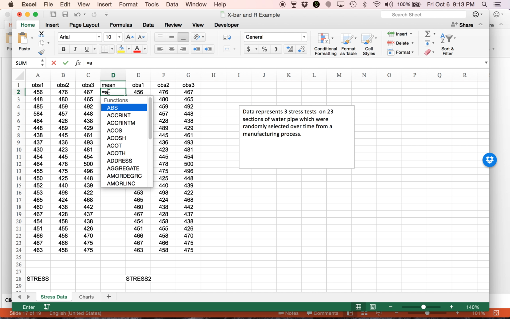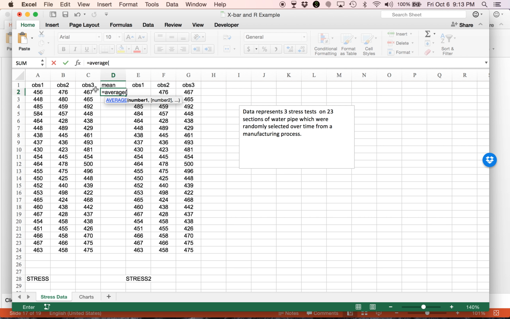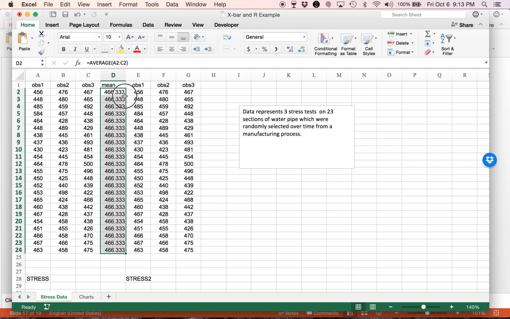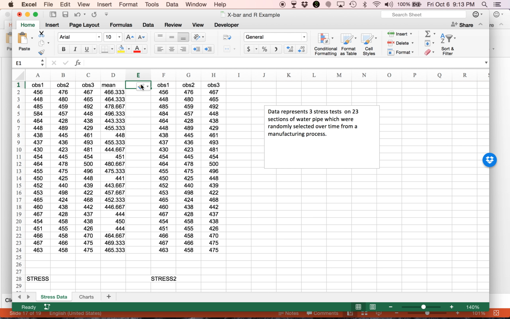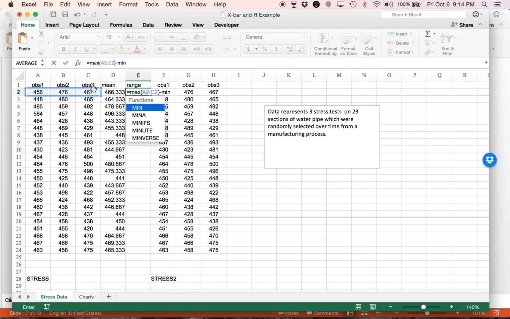That would just be the average of this sample. And then we'd also look at the range. The range is just the max of the sample minus the min of the sample.